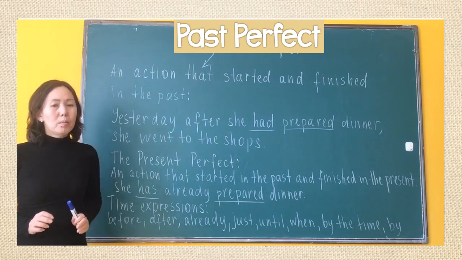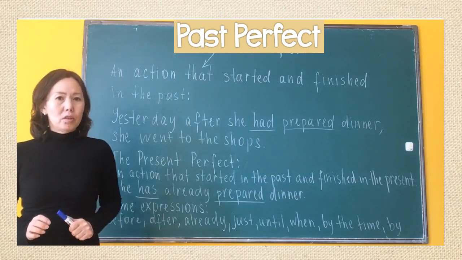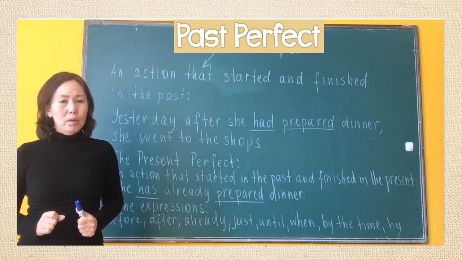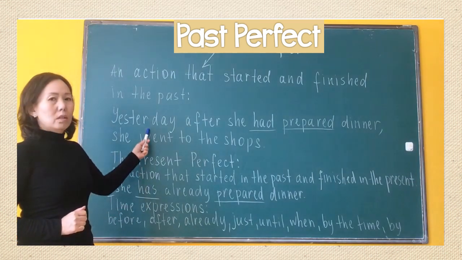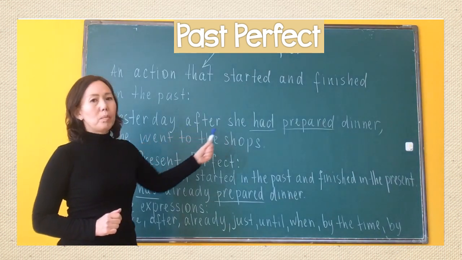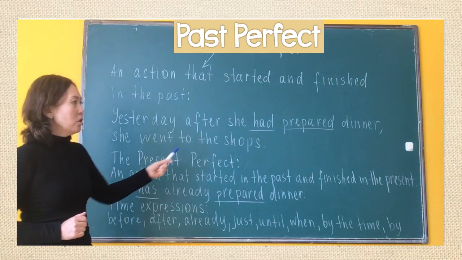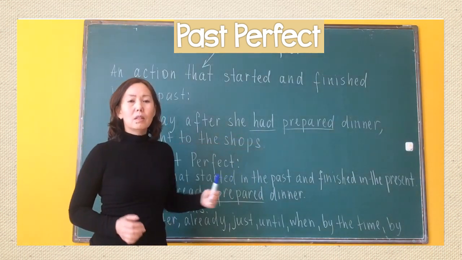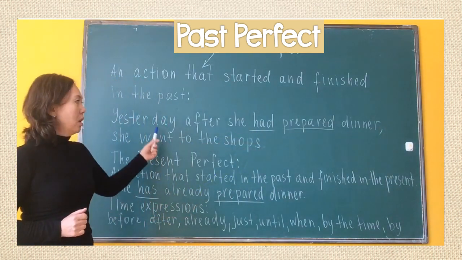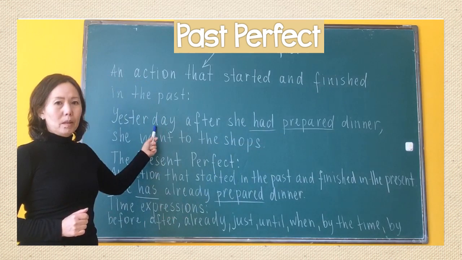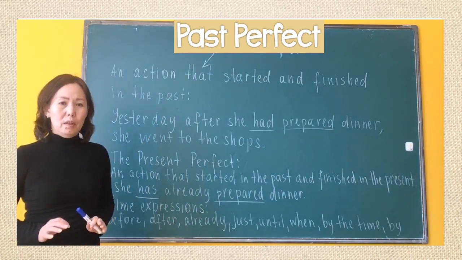As for the past perfect, it is used for an action that started in the past and finished in the past. For example, yesterday, after she had prepared dinner, she went to the shops. The action had prepared, started and finished yesterday. It is the past perfect tense.